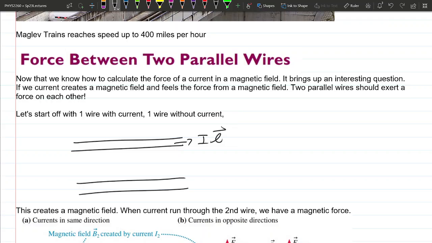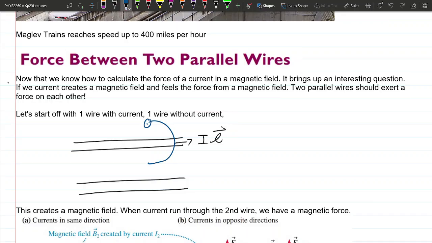If you have a wire with a current, this actually creates a magnetic field around it. That's one of the first things we learn about magnetic fields: if you have current, it creates a magnetic field around it. So using my right-hand curl rule, if the current is going this way, we expect the magnetic field to be coming out of the board here and then into the board down here. So I'm going to try to draw that.